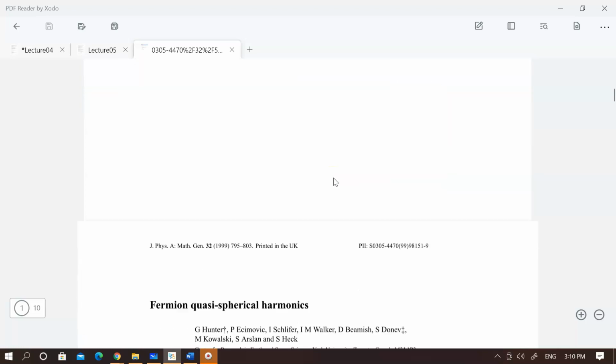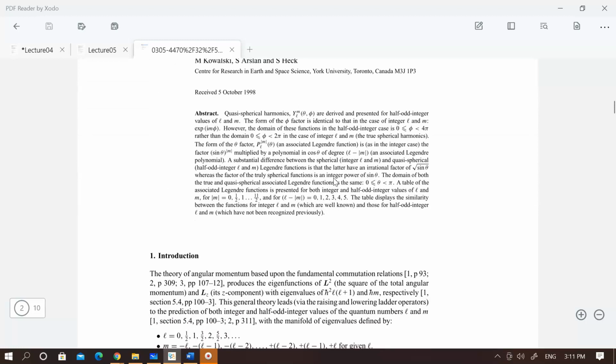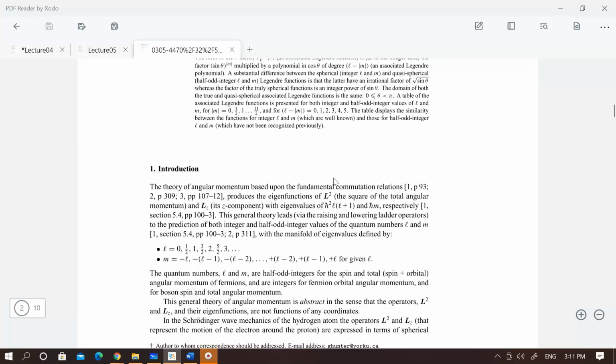So what is the problem with the original Legendre function? The fact is that your original Legendre function is defined on a sphere. Okay, so on a sphere, when it depends on theta and phi, when you rotate 2 pi around the phi direction, for example, then one should get back to the same physical point.